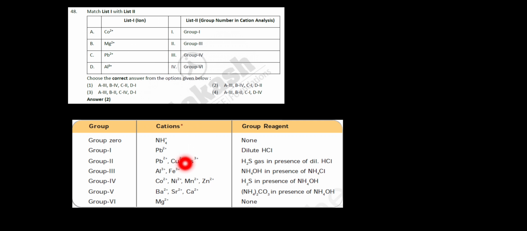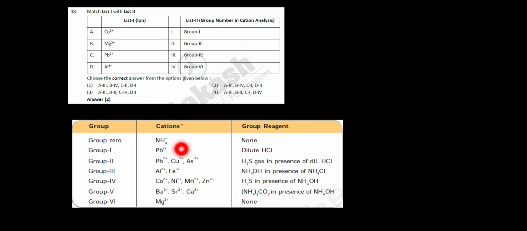So cobalt, Co2 plus, belongs to group 4, so that will be 3. Magnesium will be 6. Sorry, magnesium will be 6. So cobalt is in which group?